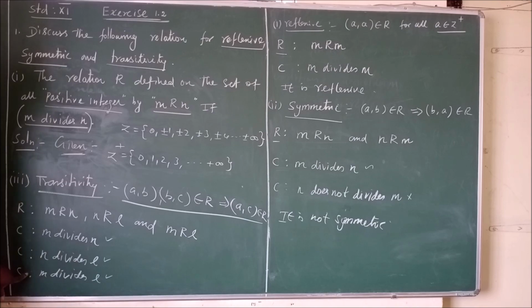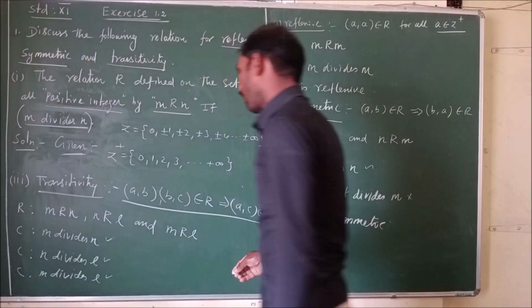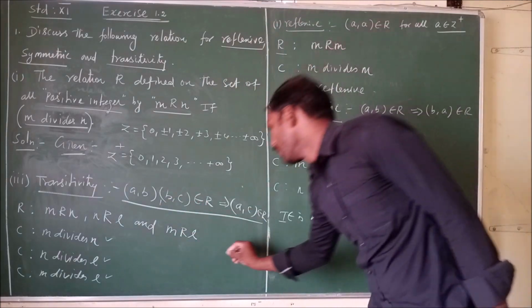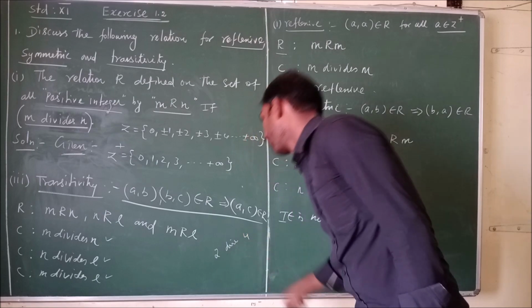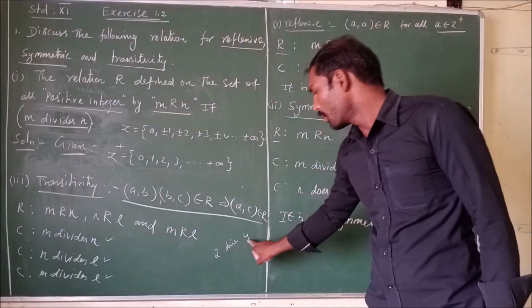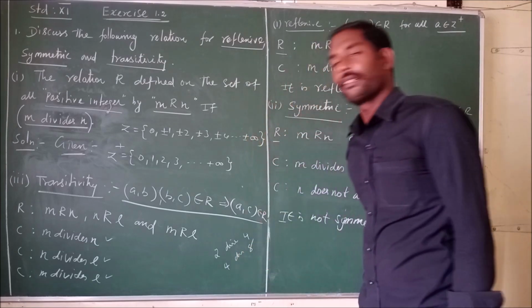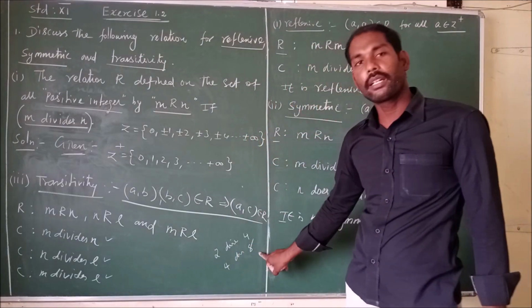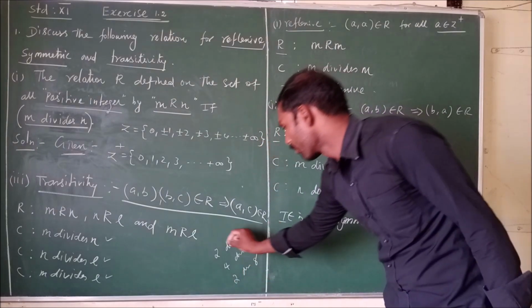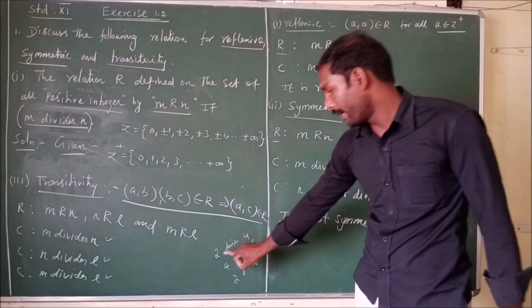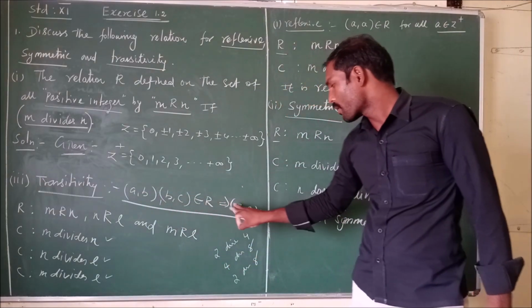Hence it is transitive. For example, 2 divides 4, and 4 divides 8. Also 2 divides 8. That is (a, b), (b, c), and also (a, c).